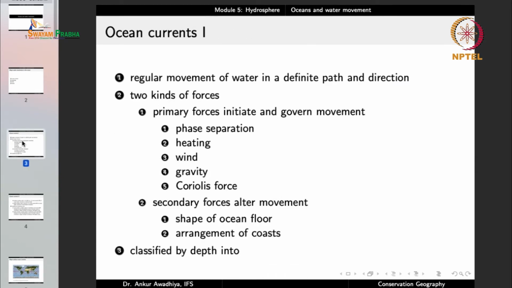So let us begin with the ocean currents. Ocean currents are defined as regular movement of water in a definite path and direction. So it is a regular movement of water. It is not that the water moves at some times and does not move at other times.